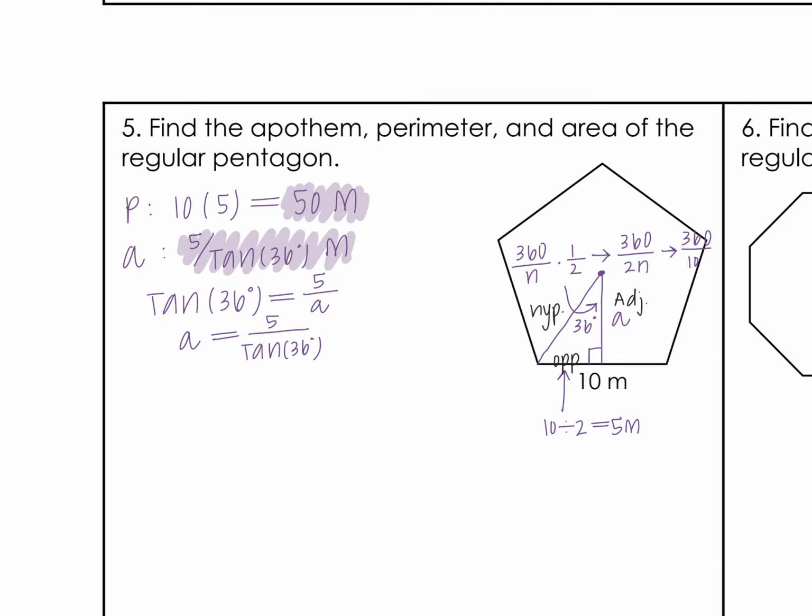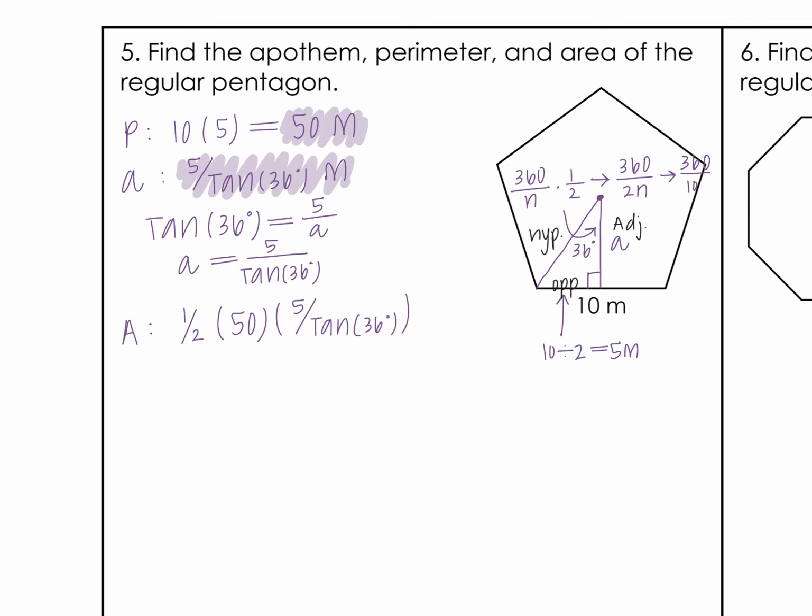And now you have everything you need to plug in to find its area. So we'll have that 1/2 my perimeter, so 50, times my apothem, that 5 divided by tangent of 36 degrees. Okay, so 1/2 of 50 is going to give me 25. And then keep in mind, when you have that whole number being multiplied to a fraction, you are only multiplying to the numerator.